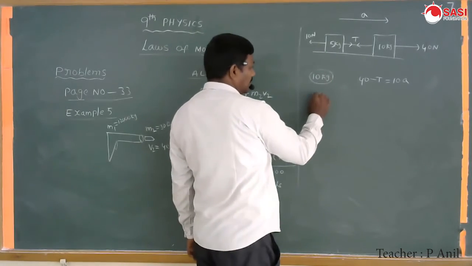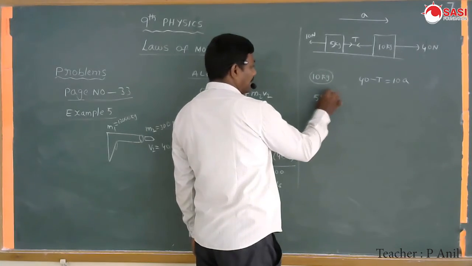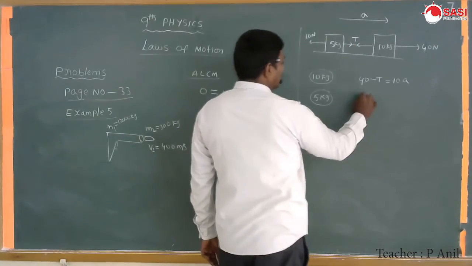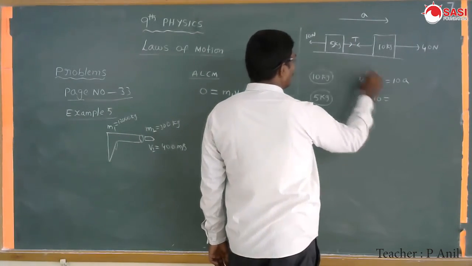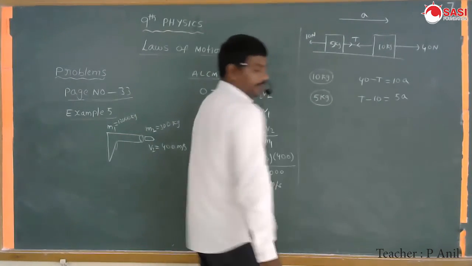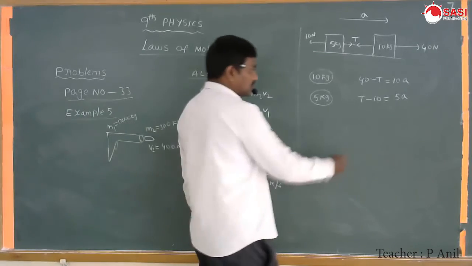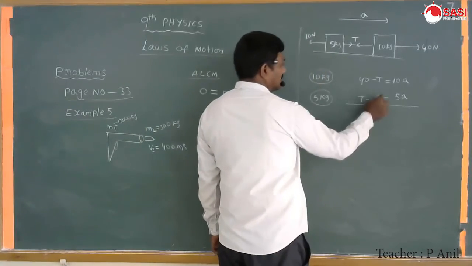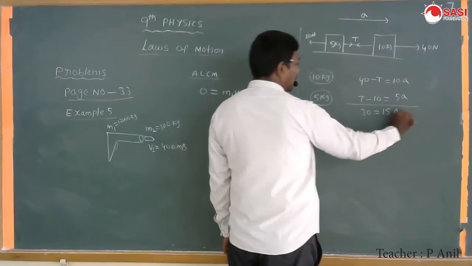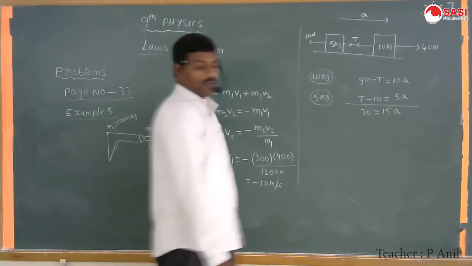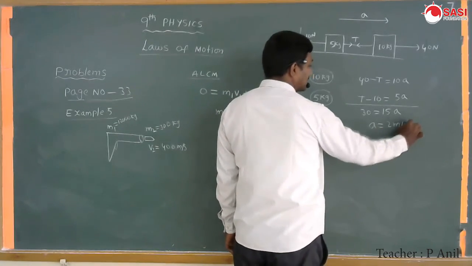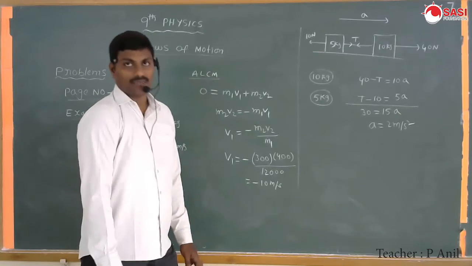For the 5 kg block, on this side T minus 10 is equal to 5A. Now you can add these two. T gets cancelled. 40 minus 10, 30 is equal to 15A. A is equal to 30 by 15, which is equal to 2 meter per second square. That is the acceleration of the system.